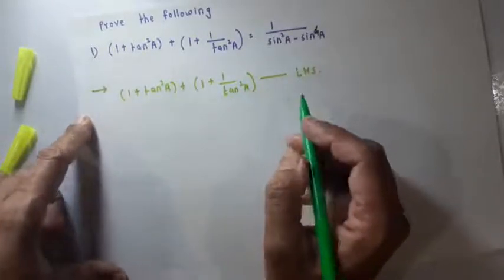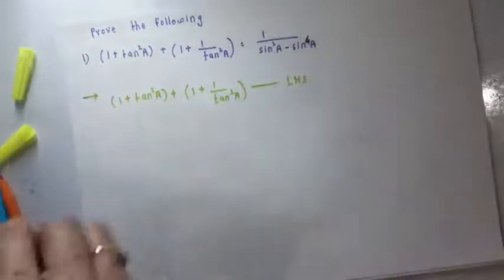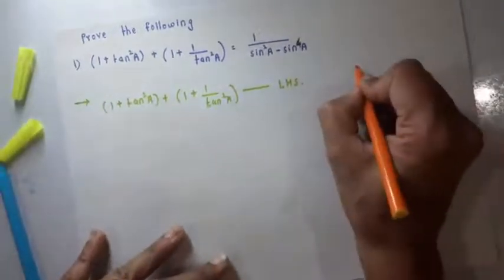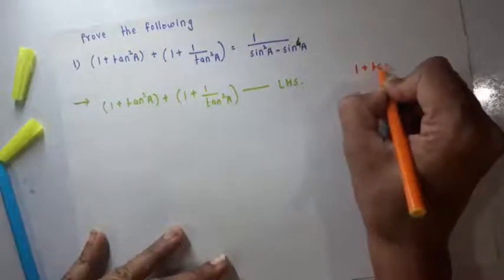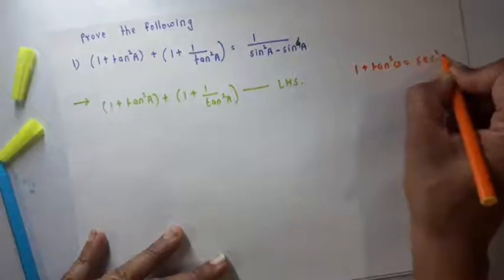Okay, so 1 plus tan square A. You know the formula, 1 plus tan square theta equals sec square theta.